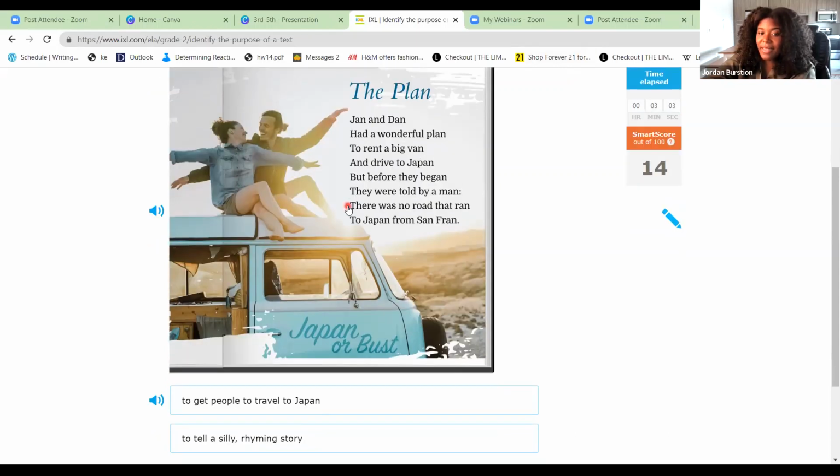Okay. So what was the main purpose of this little story that we read? Is it to get people to go to Japan, or is it just to tell a silly rhyming story? What do you think was the main reason the author wrote that story? The first one or the second option?